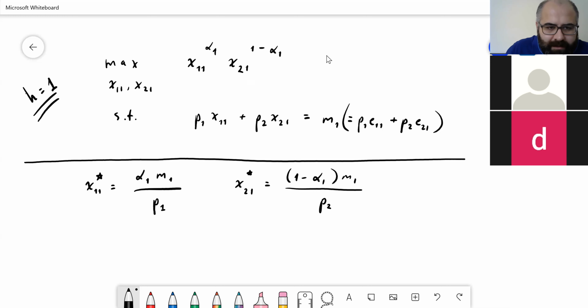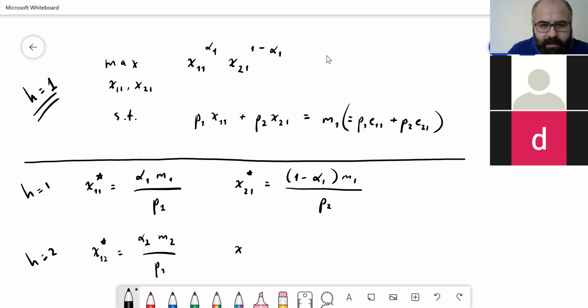And if we look at the second consumer, we also have X12 equals alpha 2 M2 over P1, and X22 equals 1 minus alpha 2 times M2 over P2.